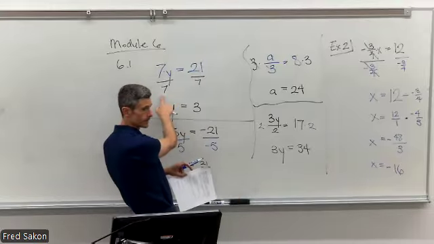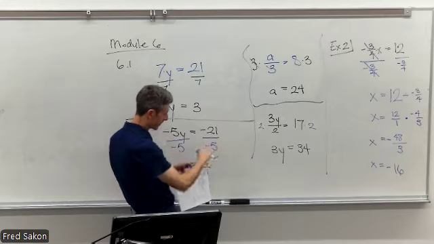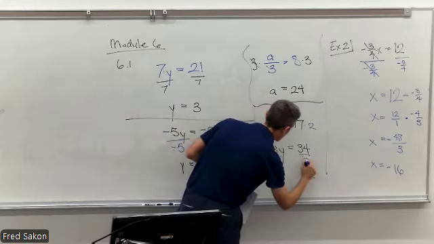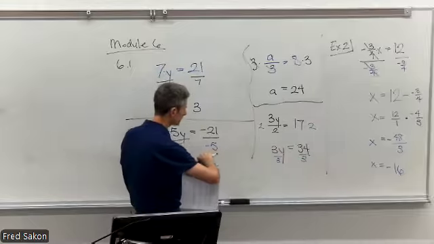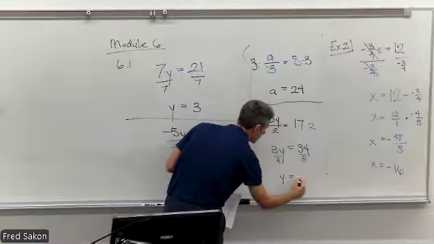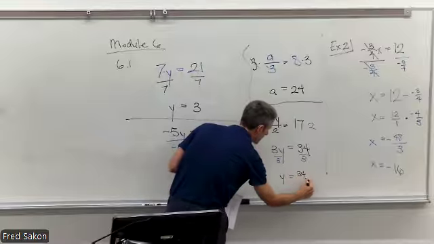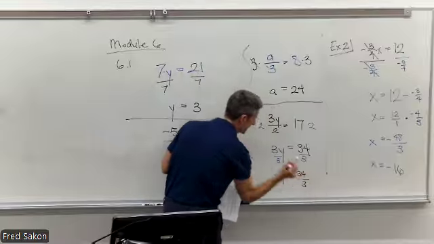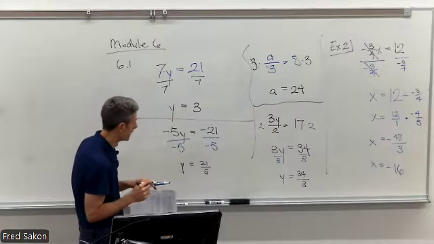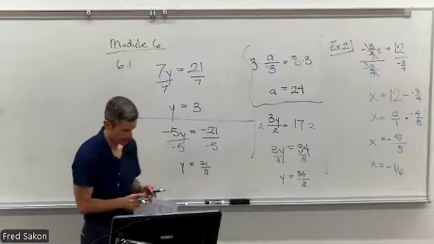I can just divide by my 3 that I have. Divide 3, divide 3. The 3's divide here, leaving me with y. 34, I check that, divide 3, I get a decimal. And so I can't take anything out of both of those. 34 over 3.